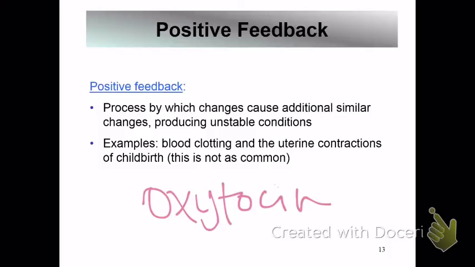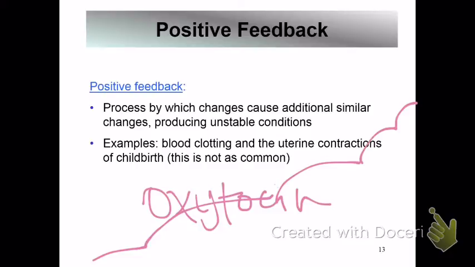Okay, so when oxytocin is released from the brain, it stimulates the uterus to flex, right, like a muscle. When the uterus flexes, it releases more oxytocin. When the uterus releases oxytocin, the pituitary gland releases more oxytocin, until eventually the baby comes out.